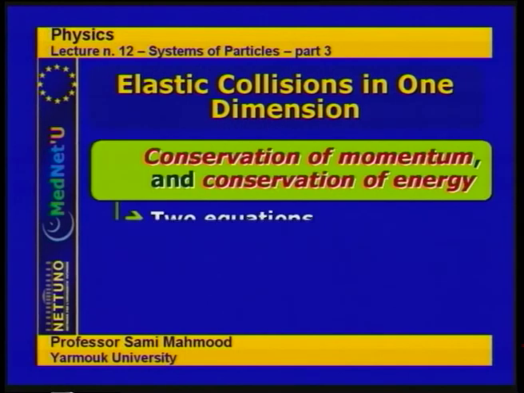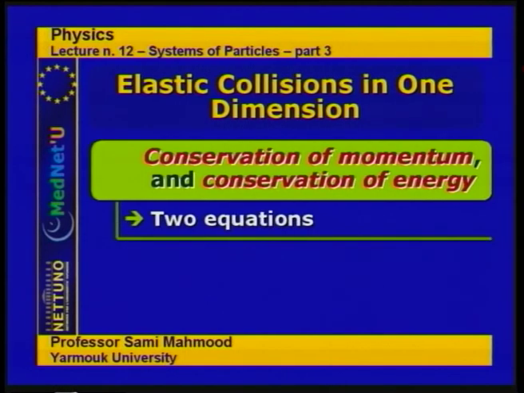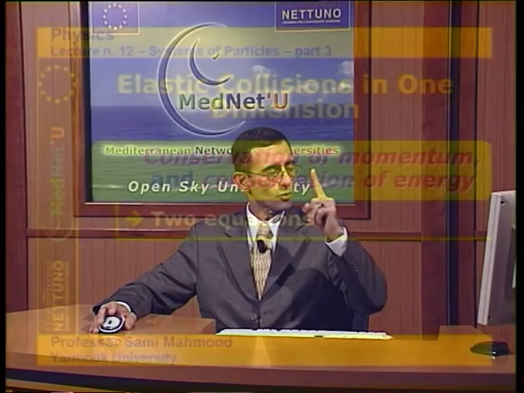Since we have one-dimensional motion, the conservation of momentum gives us only one equation, in that dimension of motion, the x dimension. And the conservation of energy gives us one equation because it's a scalar equation. It doesn't have components. That means we will have a total of two equations in this problem.